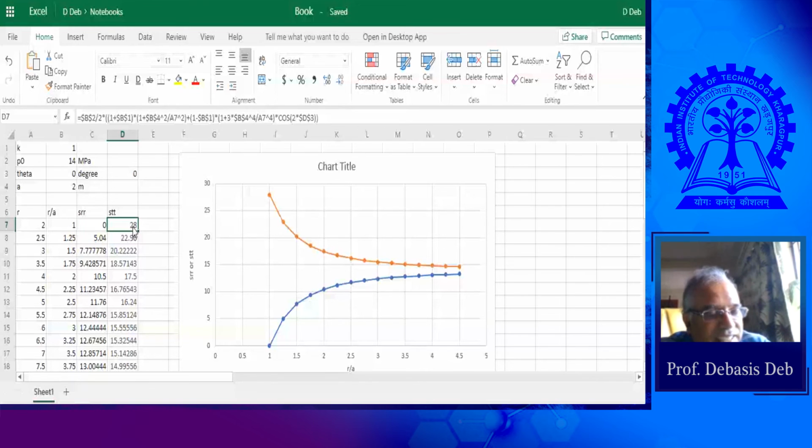Okay, so it used to be 14. Because I have created a circular tunnel, I have disturbed the stress doubly. The radial stress we made it 0, and the tangential stress we made it double, where both of them used to be 14.